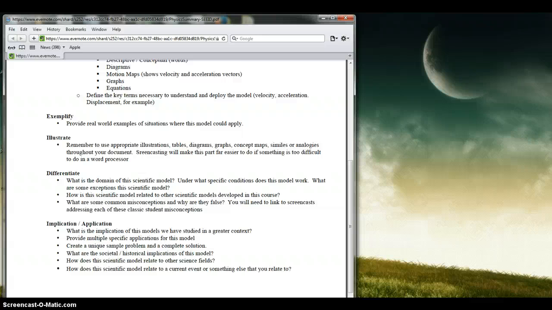And so some of the societal and historical implications of this model, and the other fields that this model could probably relate to, could be, let's say, historically, constant velocity is how a lot of things move. Like I said before, it's always been that way since the beginning of time.